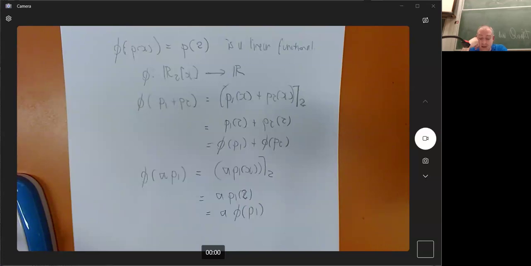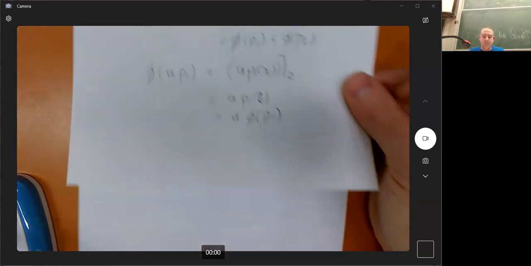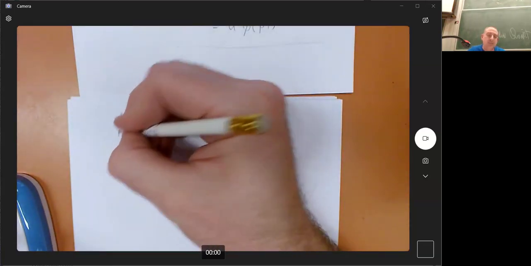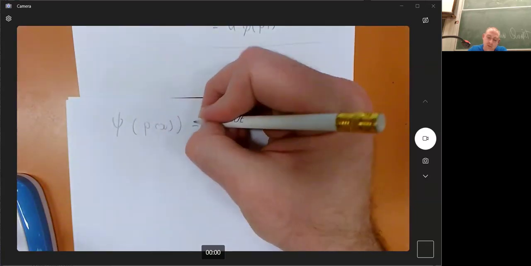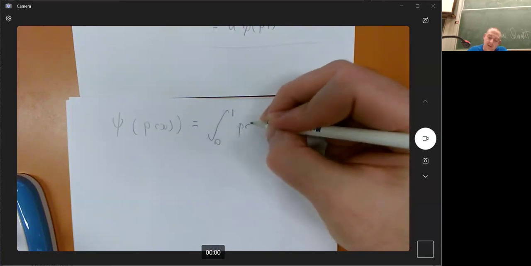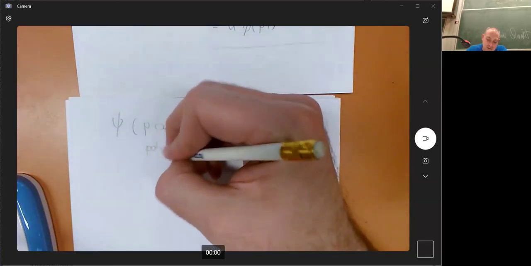There is another kind of linear functional that does bear mentioning, which I'm going to call psi of p of x. I'm going to call it the integral from 0 to 1 of p of x dx. That's a perfectly good thing that takes a polynomial and produces a number. So that's a polynomial here.